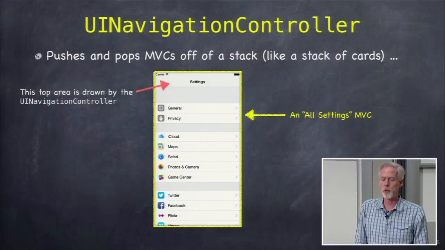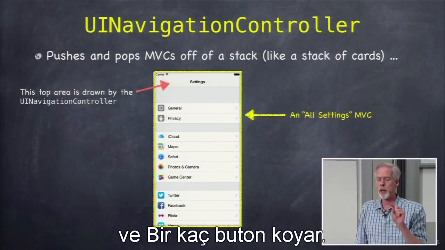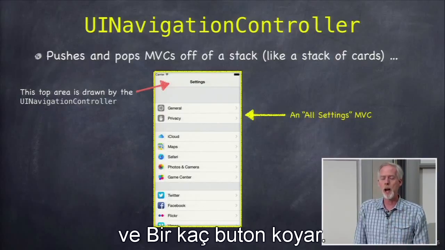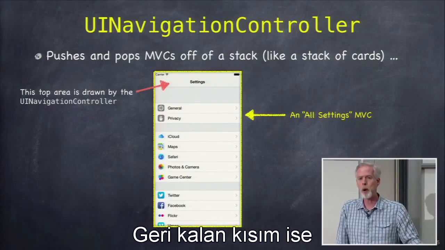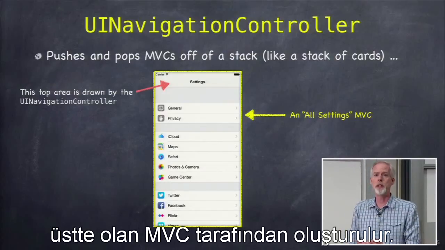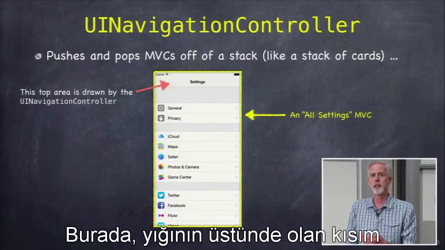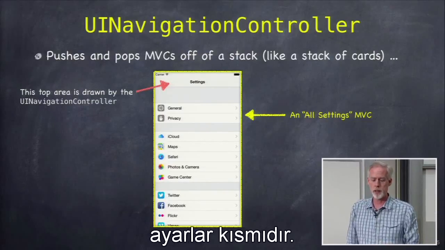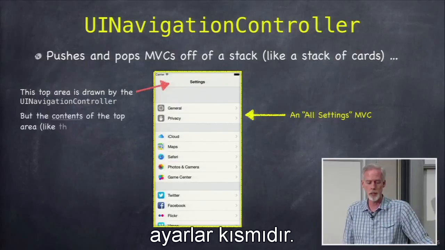The navigation controller will put the title there. You can have a couple of buttons up at the top, and the navigation controller draws that part. The rest of it is totally drawn, even underneath that title bar, by whatever MVC is on top of this stack of cards. Okay, and right now, the only thing on our stack of cards is this all settings MVC.